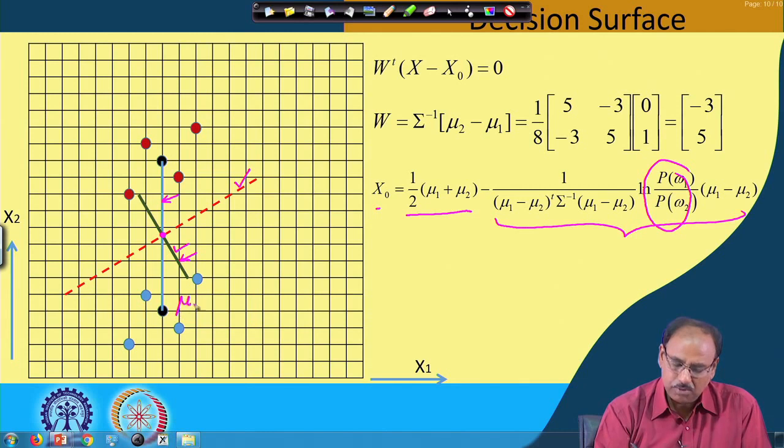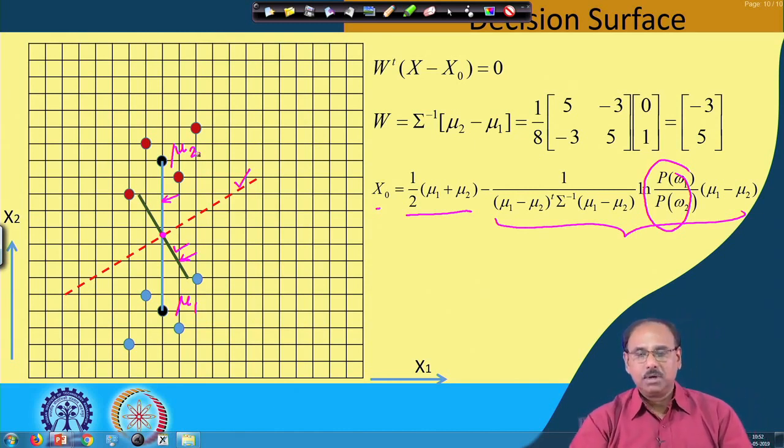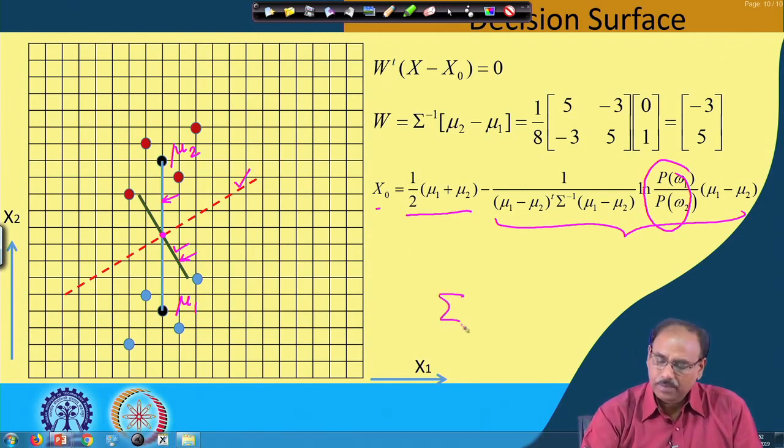So, this is mu 1 and this is mu 2. Here you find that the decision boundary in this case is also linear, but it is no longer orthogonal to the line joining mu 1 and mu 2. So, this was our second case, where sigma I was equal to sigma.